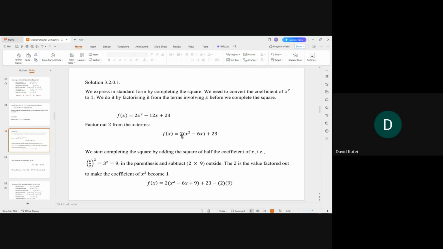It's coming from this 2. So if I cast my mind back to what we were doing, where we just subtracted it, at that time the coefficient of x squared was 1.